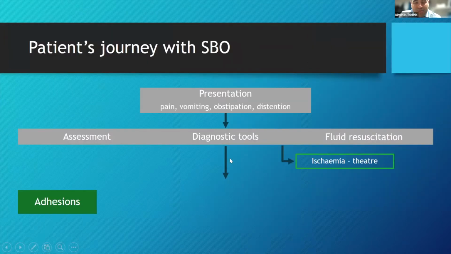In a sense, for the patients that present with bowel ischemia, if they are not missed, the decision is not difficult to make for us, because the patients need to be taken to theater. But for the patients that don't have signs of ischemia, we need to take into consideration what the further steps are.